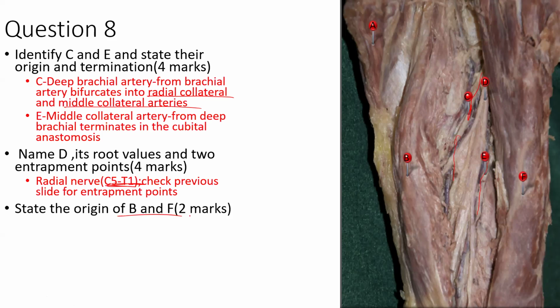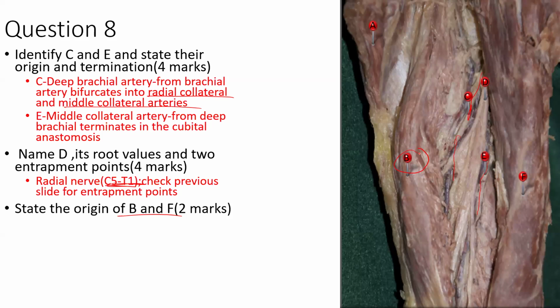What is B and F? First of all, what is B? Lateral head of triceps. Okay, lateral head. I think we can argue with whoever on whether that is radial collateral or the deep brachial artery.